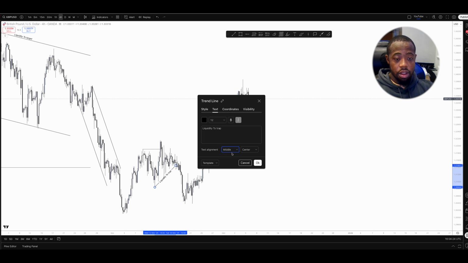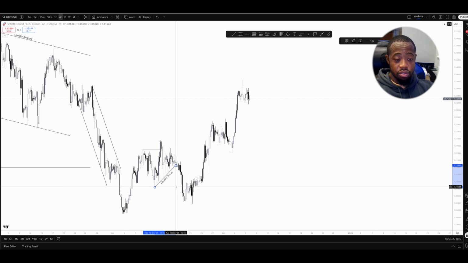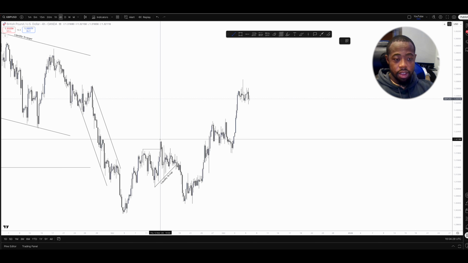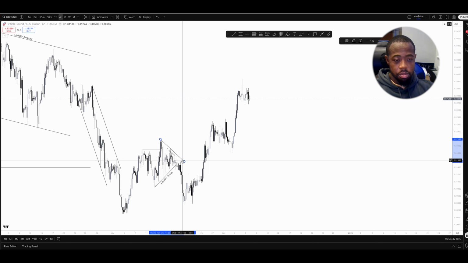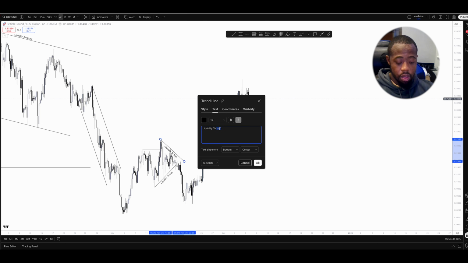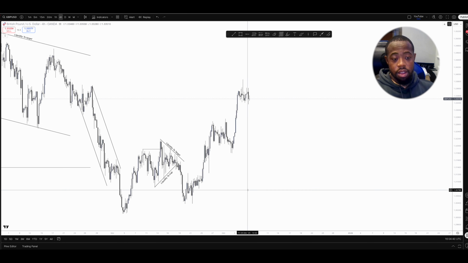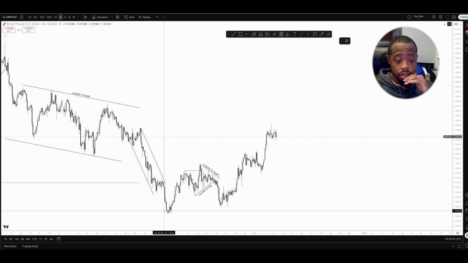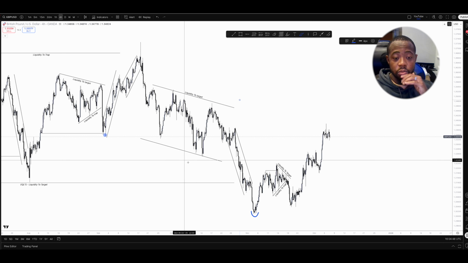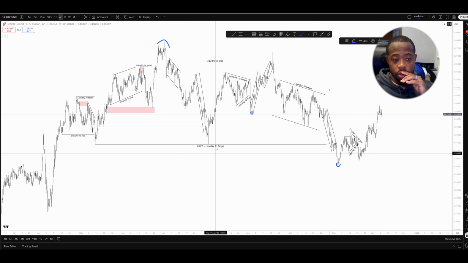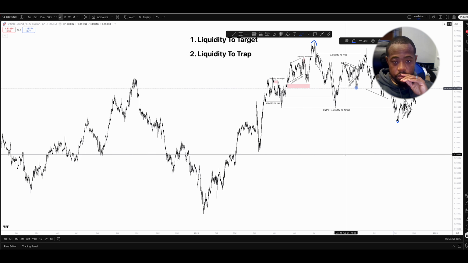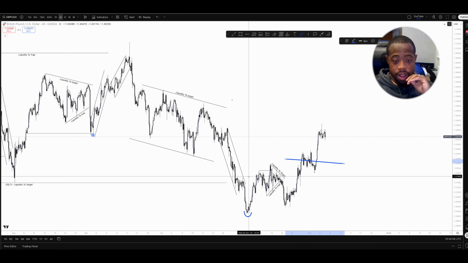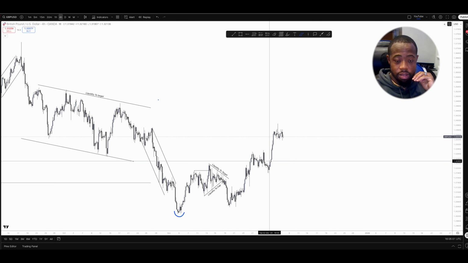Liquidity to trap. And what do we have here on the lower time frame? Liquidity to target. And why would this be a safe place? Because this is the inducement low, taking out this liquidity to the left. And on the high time frame, we're now looking like we are bullish.